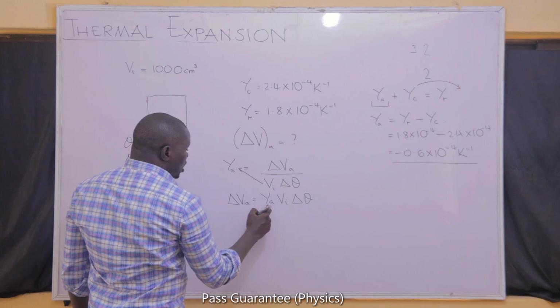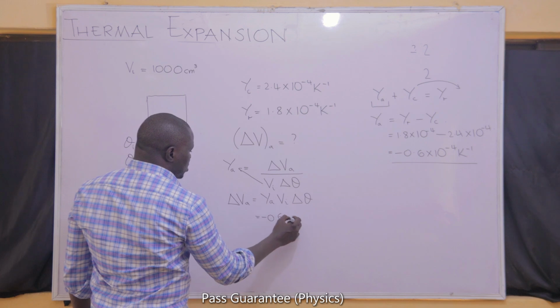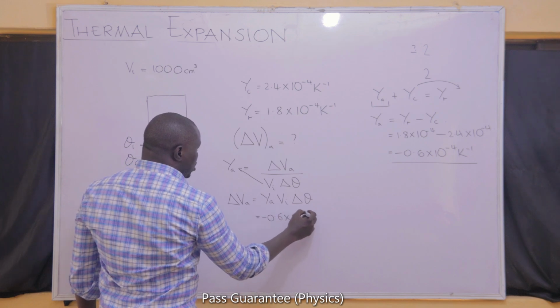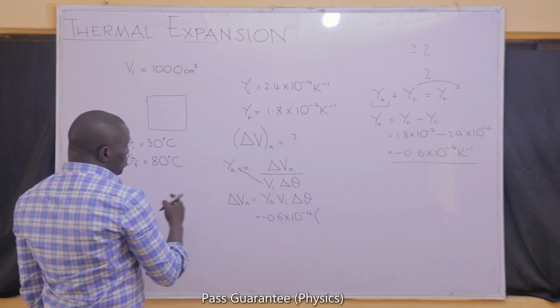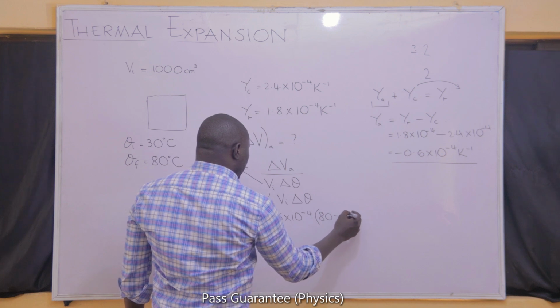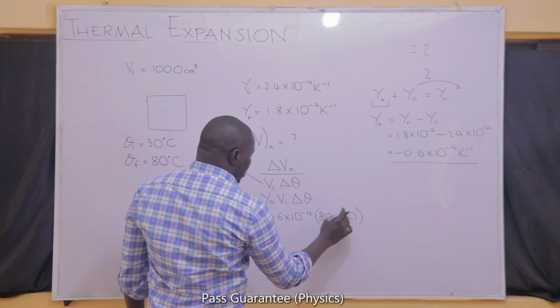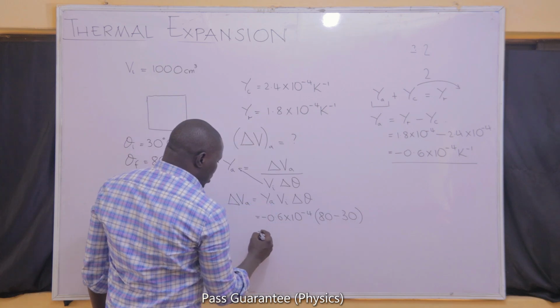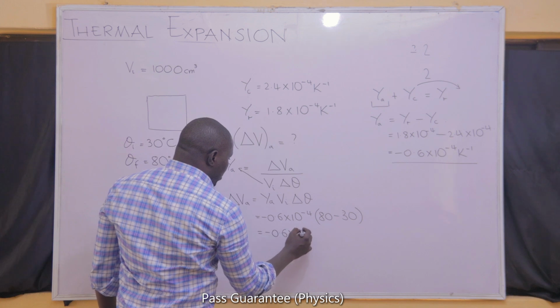The apparent cubic expansivity is minus 0.6 times 10 raised to the power minus 4, multiplied by the change in temperature. The change in temperature is 80 minus 30, sorry. If we do that, we are going to have minus 0.6 times 10 raised to the power minus 4.